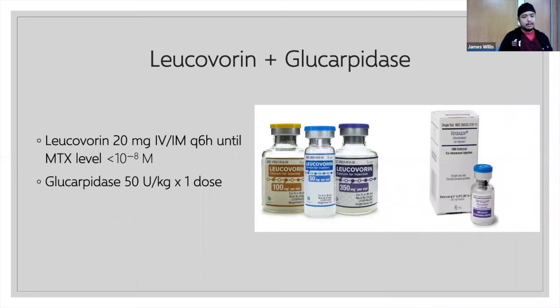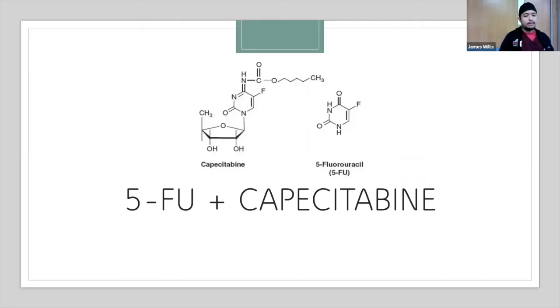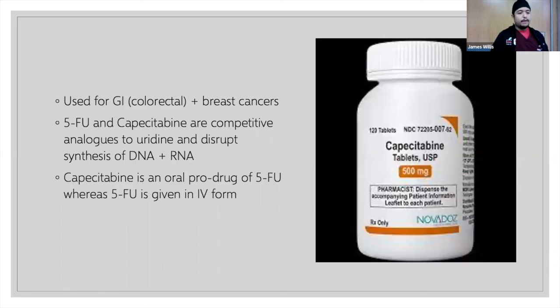Then the last class of chemotherapies that I'll talk about is 5-FU and capecitabine, right? So 5-fluorouracil and capecitabine are very common chemotherapies used mostly for GI cancers, colorectal specifically, as well as breast cancers.